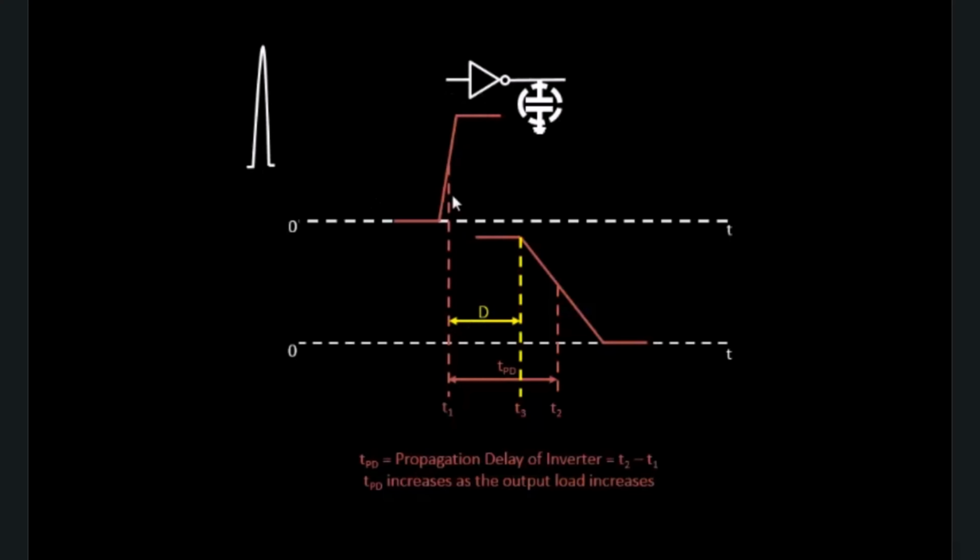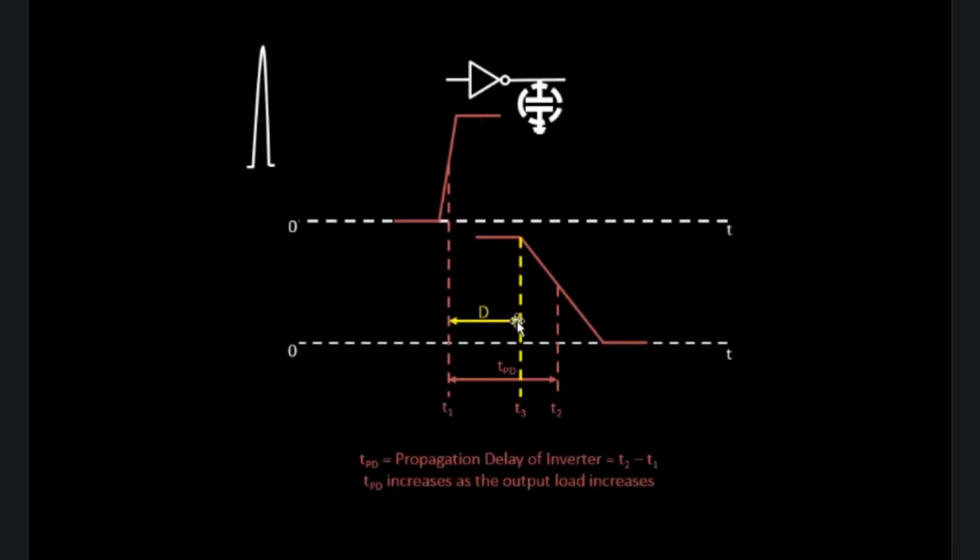The analysis is pretty simple: any signal that is coming at the input of the inverter or any logic gate needs at least D amount of time for the inverter to respond.